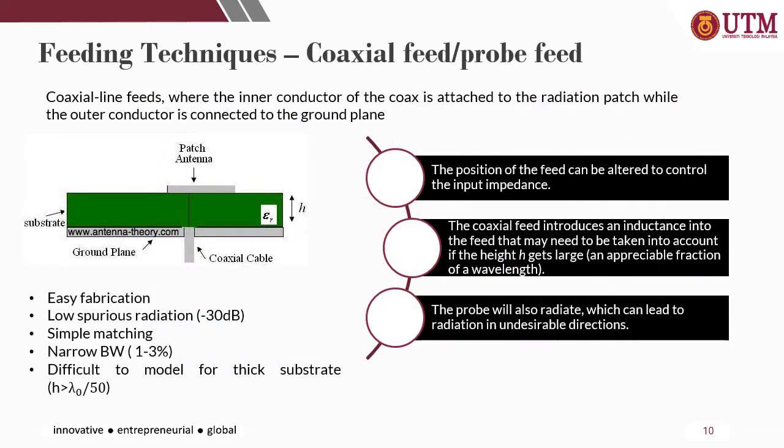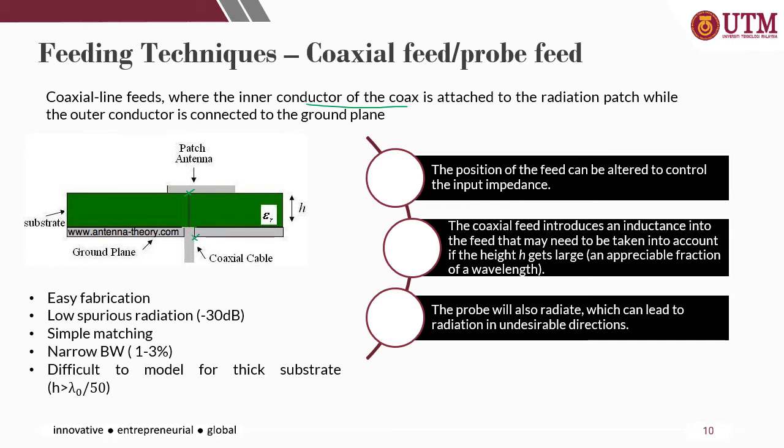Okay, next is the coaxial feed or probe feed feeding technique. So there's a coaxial cable connected to the patch structure. The inner conductor of the coaxial cable is attached to the patch here, while the outer conductor is connected to the ground plane.